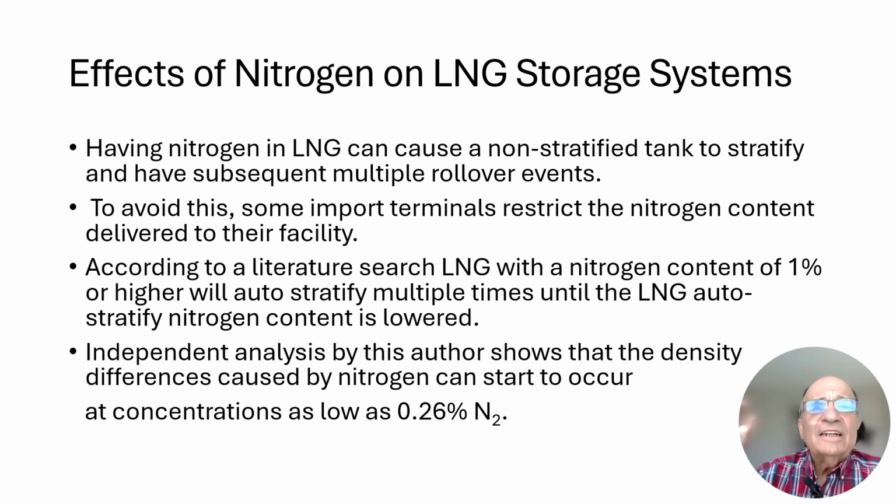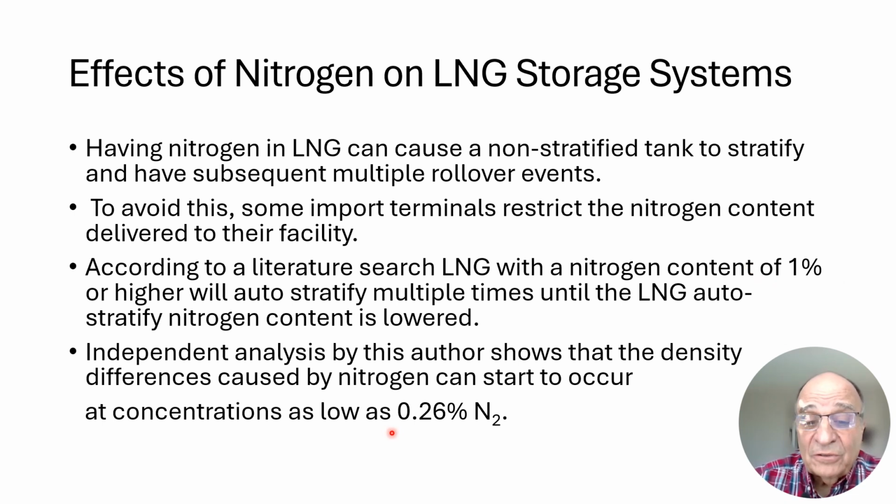Now, the interesting thing about the 1% is it says that you'll get auto-stratification, a rollover, then another auto-stratification and a rollover. So that clearly points to the fact that it's something less than 1%, because when you get that first rollover, you discharge a lot of nitrogen. And the fact that you get subsequent rollovers tells me that the real number is something less than 1%.